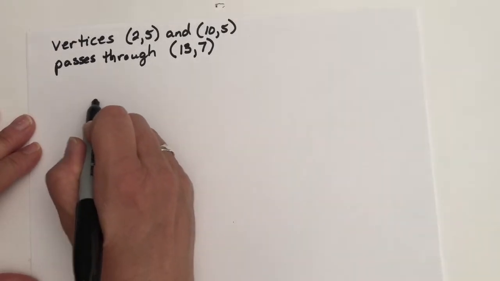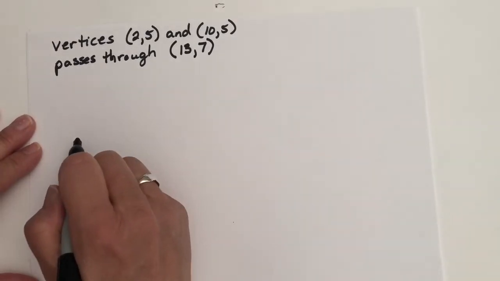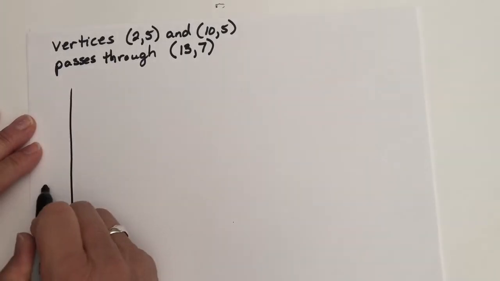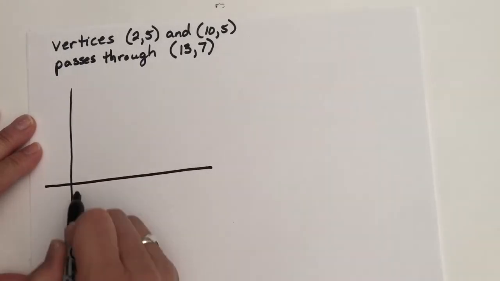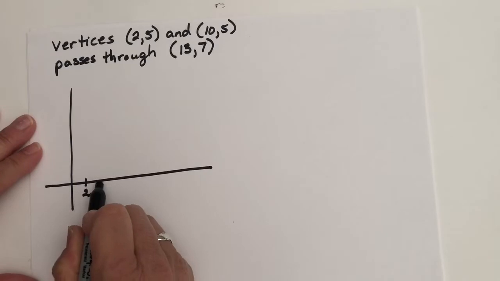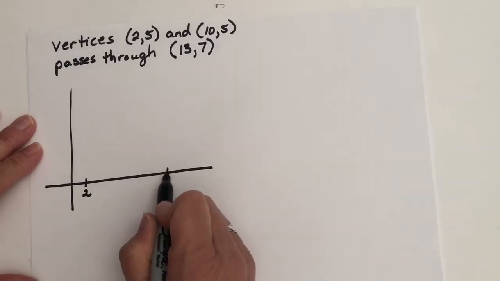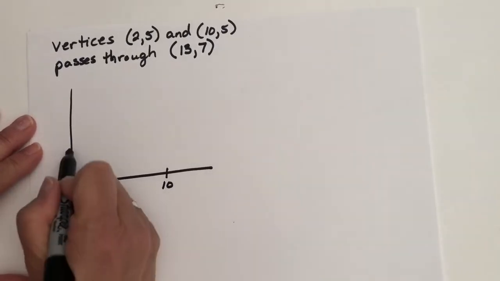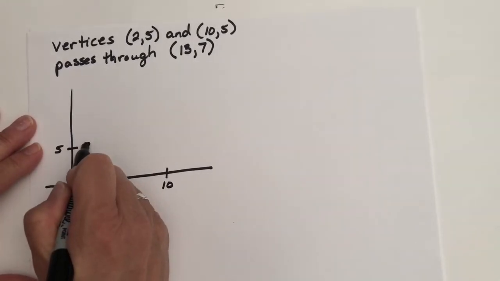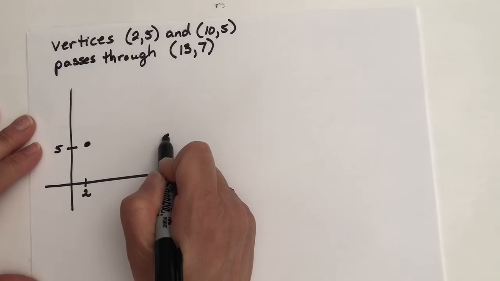So our vertices are at 2, 5, and 10, 5. Let's see, we'll put 2 here, 4, 6, 8, 10, about here. And we'll just put 5 right here. So the vertices are at 2, 5, and 10, 5.